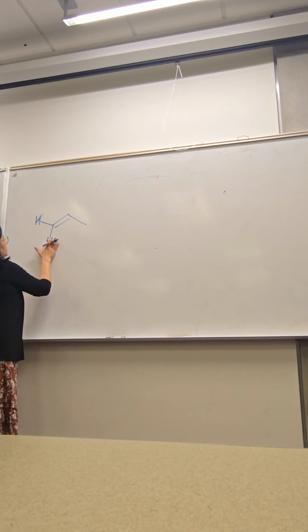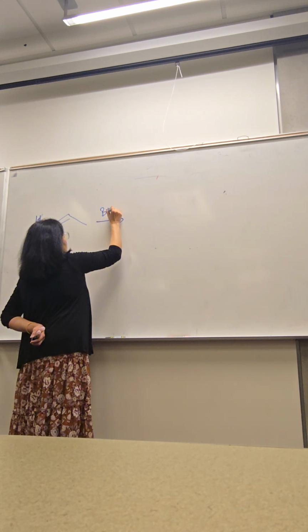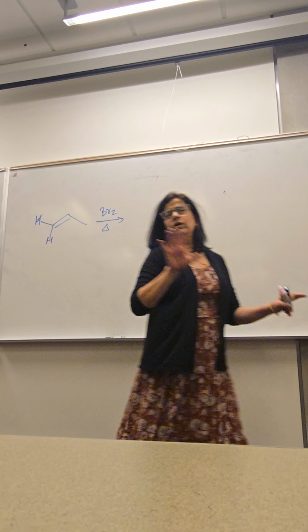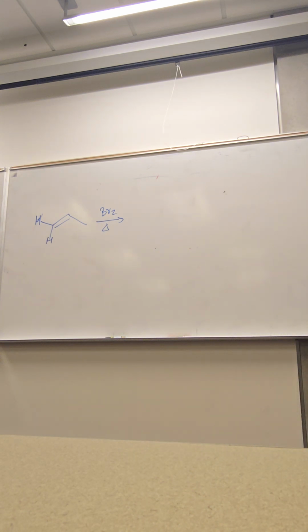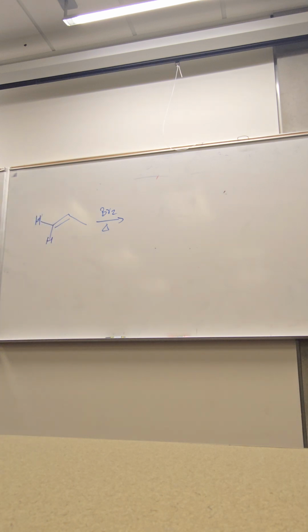Let's say I am brominating it. How many products will I get? And again, only monohalogenated. We don't care about polyhalogenation. How many products can I expect?